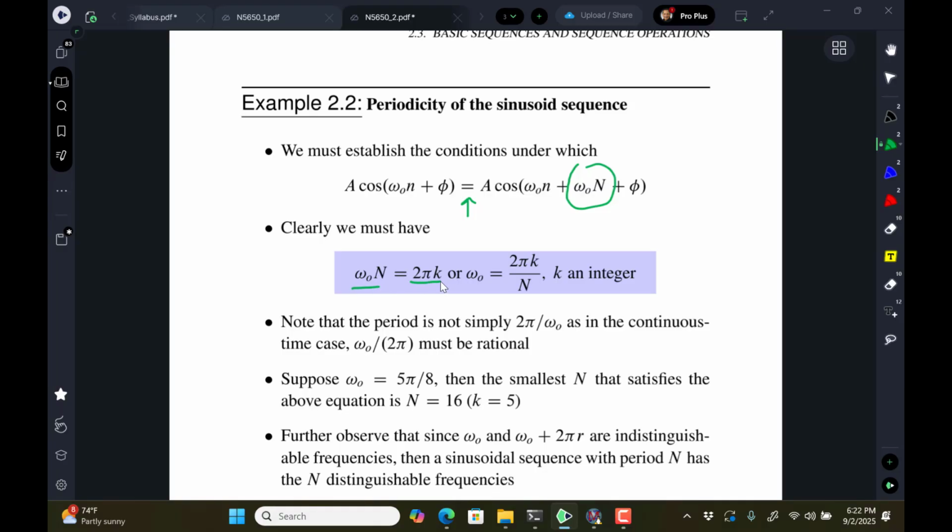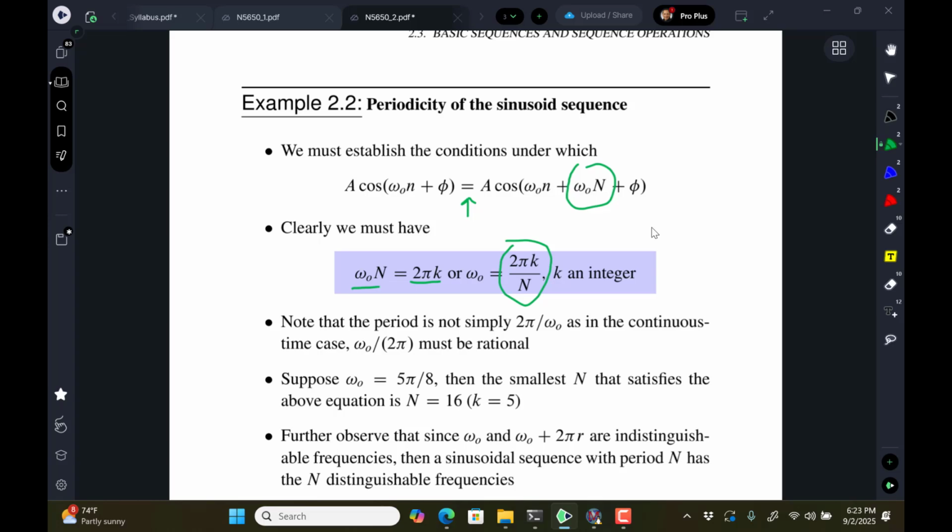Then we know we've created a periodic sequence, and if we rearrange that to solve for omega naught, we see that in order for it to be periodic, the frequency has to be a rational number k over N times 2 pi. So the only way to make a periodic cosine sequence is for it to be a rational number k over N times 2 pi. If you picked N, the period, then you only have a finite number of options for making unique periodic sequences, because you'll eventually start over again.